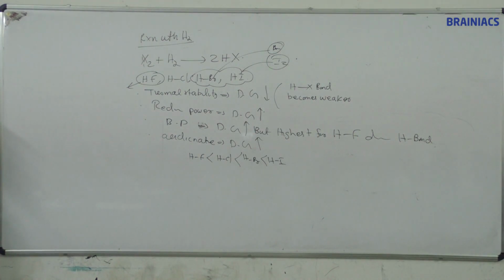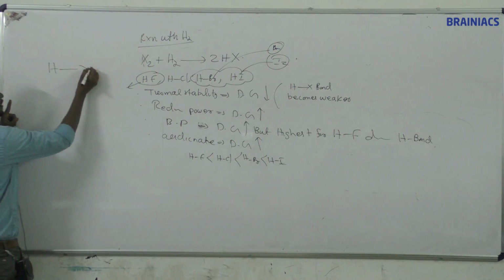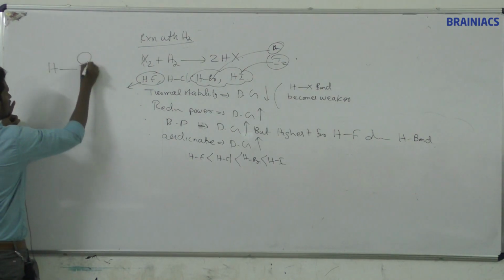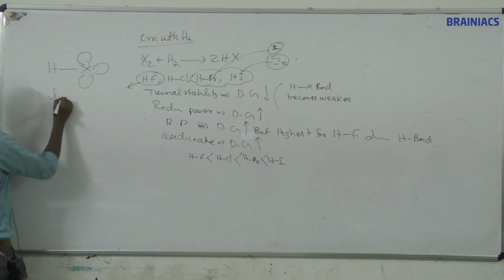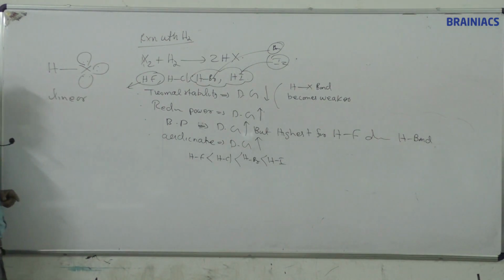What is the structure of HX? Structure, shape. Linear, single bond. What is the total number of electron pairs? 4.